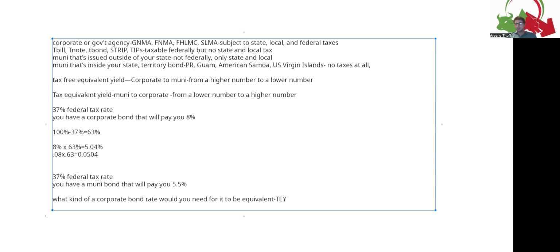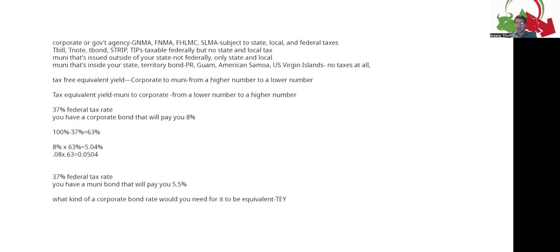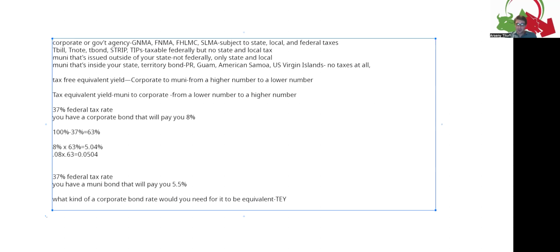In this case, we're going to go from a lower number to a higher number. We do the same thing with 100% minus 37%, 63%, except in this case, you take the muni bond's 5.5% and divide it by 63%, which also kind of makes sense. Let's just do that with decimals, 0.055 divided by 0.63.